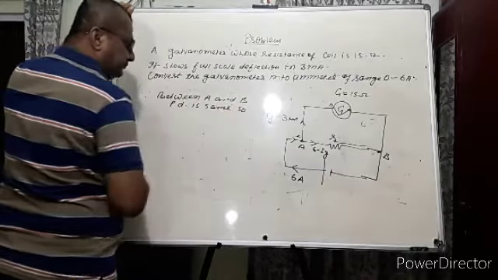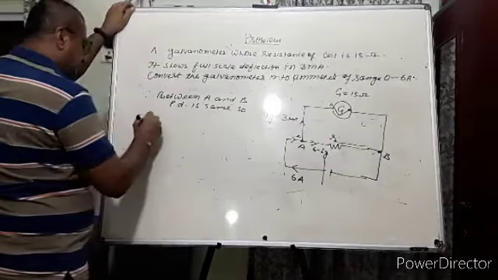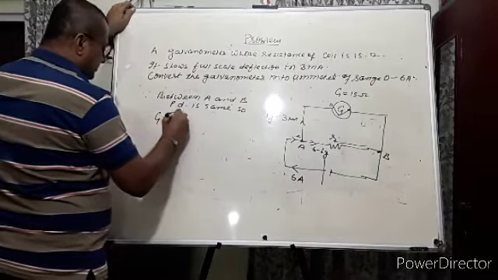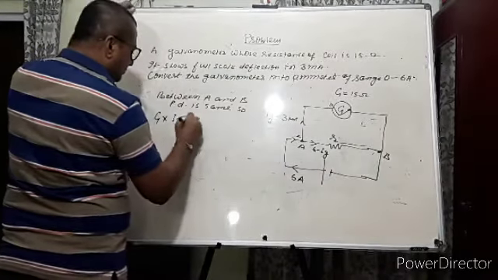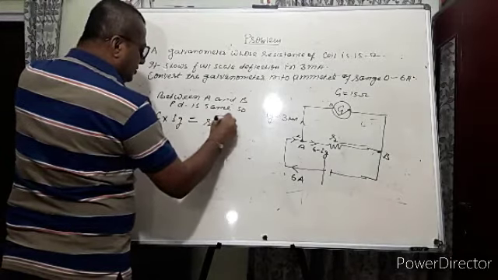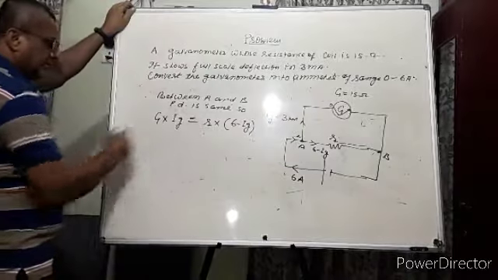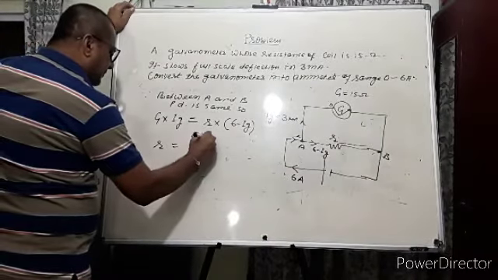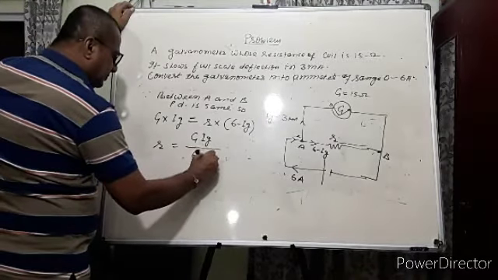So G into Ig is equal to R into 6 minus Ig. We have to calculate the resistance: R is equal to G Ig divided by 6 minus Ig.